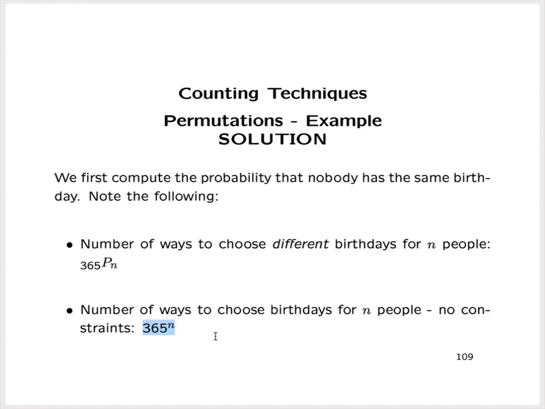For each person there are 365 ways to choose their birthday, and there are n people, so by the fundamental rule of counting, the total is 365 times 365 and so forth, out to the last person. So 365 multiplied together n times, which is 365 raised to the nth power.